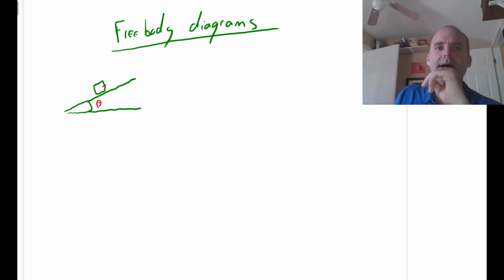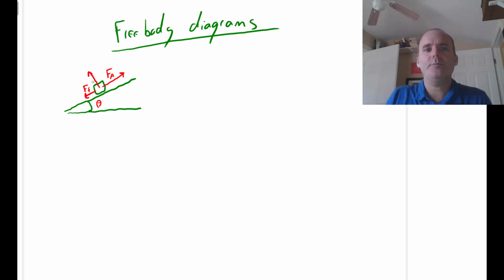If I push this mass, a lot of times we just call it an applied force. So I'm applying a force. If there is friction here, I'm going to have my force of friction. The normal force, remember, always goes perpendicular to the surface. So there's my normal force. And I'm going to have a weight here pulling it down, which is mg. Okay, there's that scenario for a free body diagram.